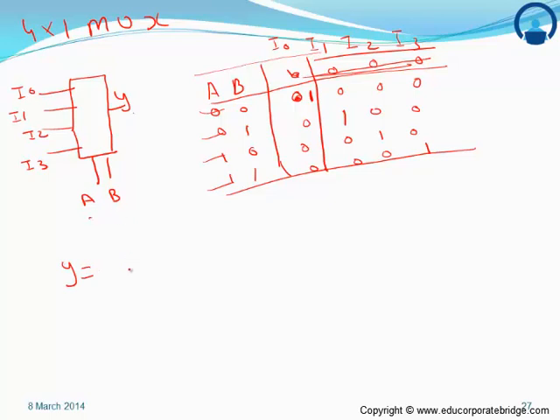For AB equal to 0 0, which gives A bar B bar, I0 is selected, so A bar B bar I0. Plus A bar B, that is 0 1, in which case I1 is selected, so A bar B I1. For the third case, A 1 B 0, which gives A B bar, I2 is selected, plus the fourth case A 1 B 1, which is A B, and I3 is selected, therefore A B I3.